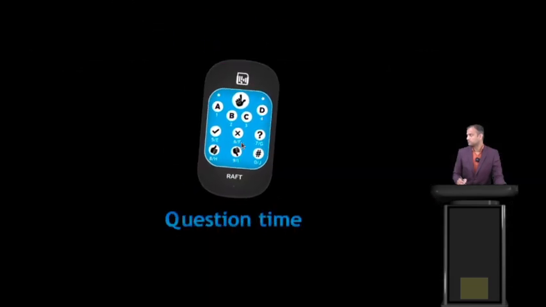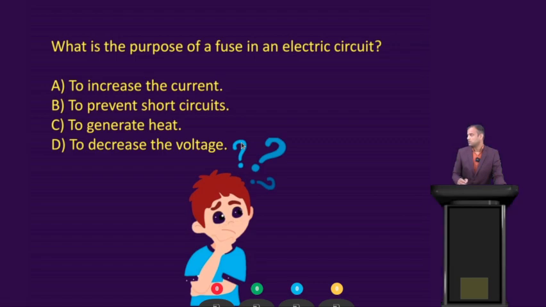Again, question time. What is the purpose of a fuse in an electric circuit? Your time starts now.